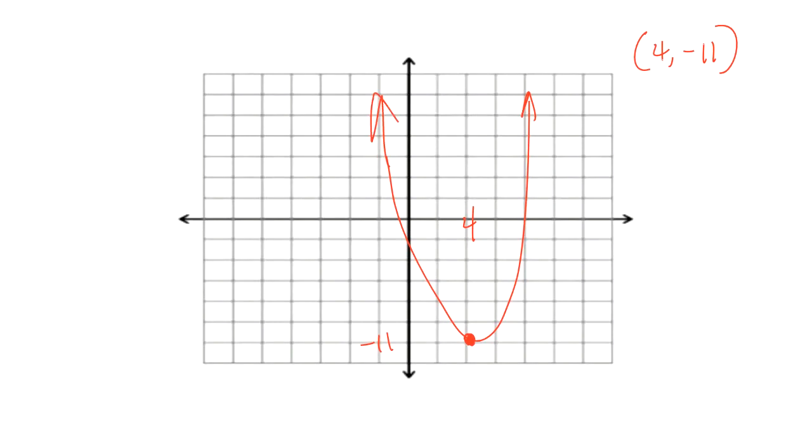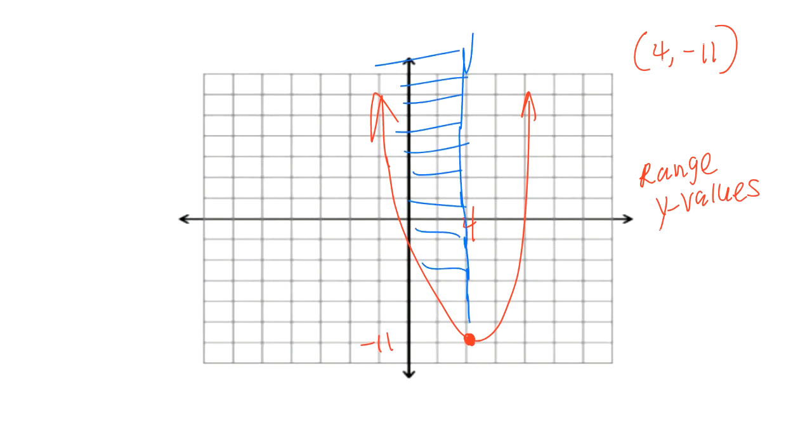Now remember, the range is all of your y numbers that you use. So your range would be all these numbers going up here, all these numbers are your y's. So the lowest one would be -11 to positive, going up and up, positive infinity.